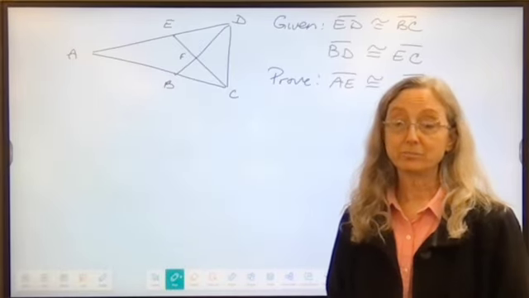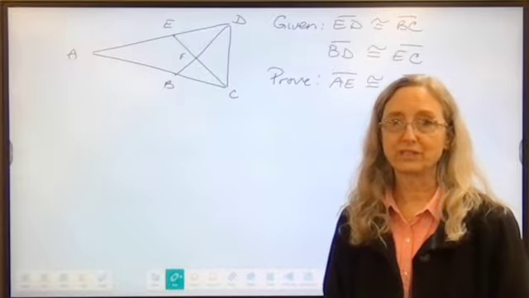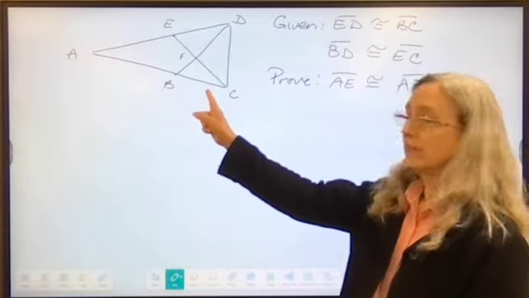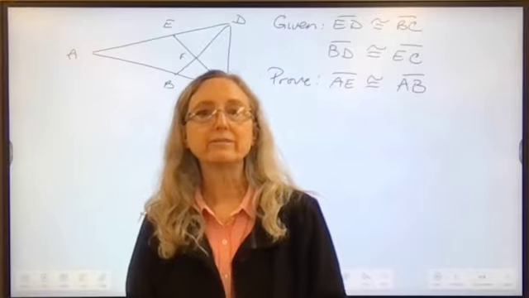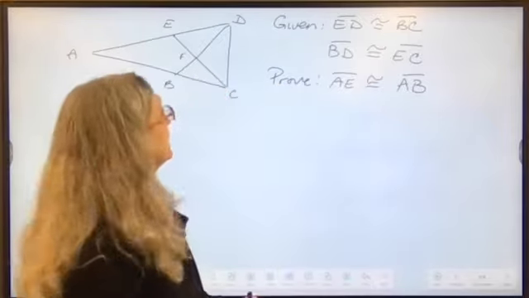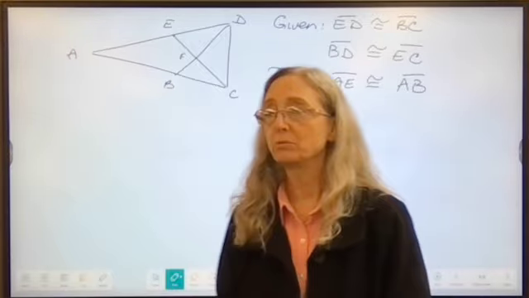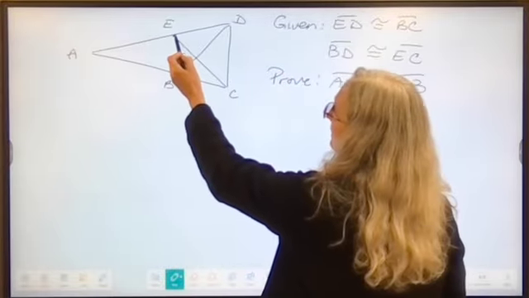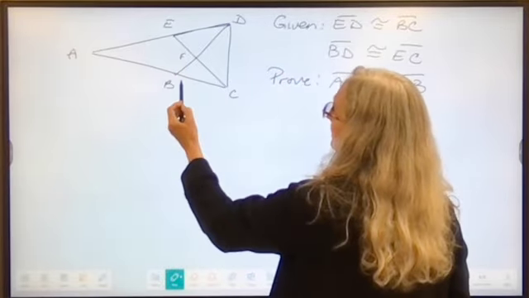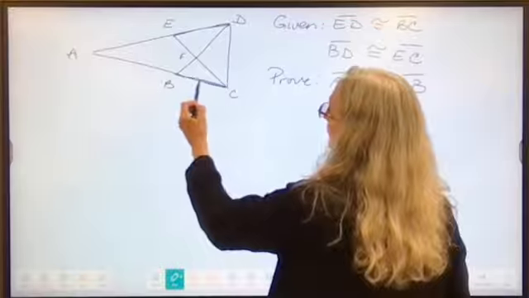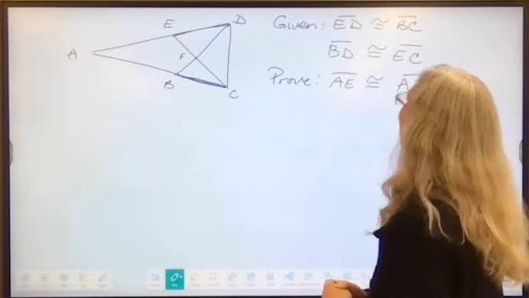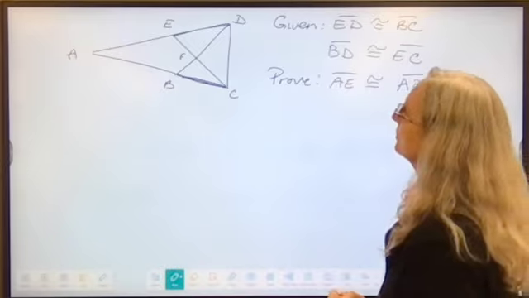Here's a much more complicated proof than we've seen so far. Here's our diagram. We're given that ED is congruent to BC. That's ED here, BC here. Those are congruent. And BD is congruent to EC.